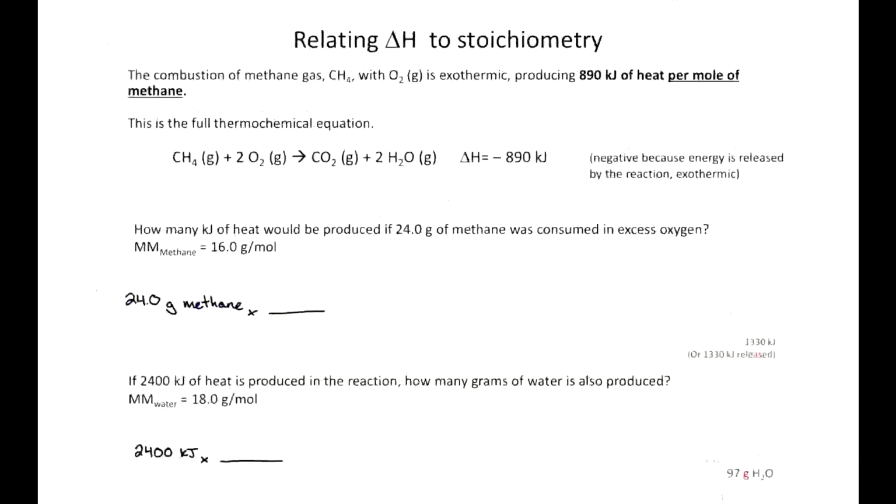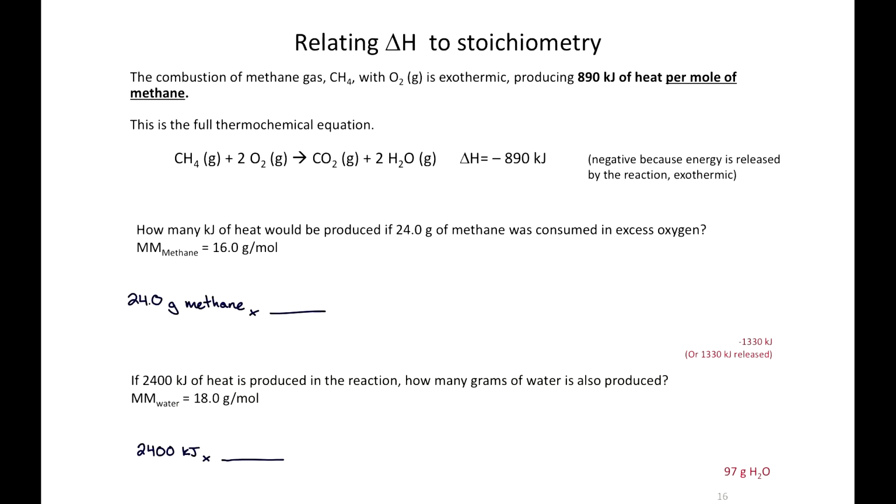Okay, so because delta H is an extensive property, we can write delta H in our balanced chemical reaction. We can actually use delta H like stoichiometry, like in chapter 3 or chapter 4, as long as we write what's called a thermochemical equation.